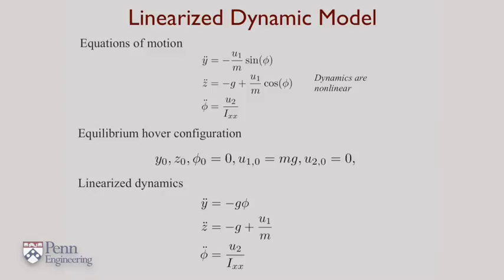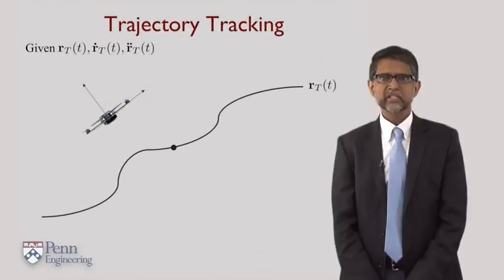So when phi is close to 0, sine phi behaves roughly like phi, and cosine phi is roughly constant. If you replace sine phi by phi and cosine phi by 1, you get the linearized equations that you see below. Let's now look at the control problem.